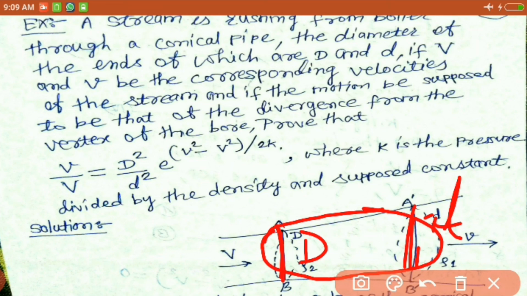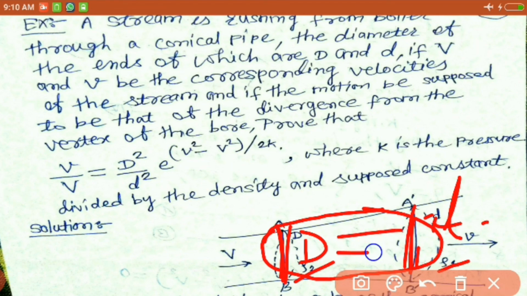These are the diameters. Let rho 1 and rho 2 be the densities of the stream: rho 1 is the density of the stream at A dash B dash, and rho 2 is the density of the stream at AB.